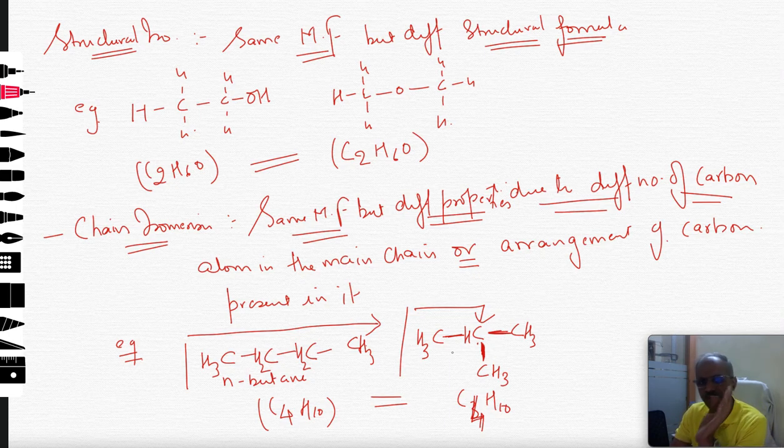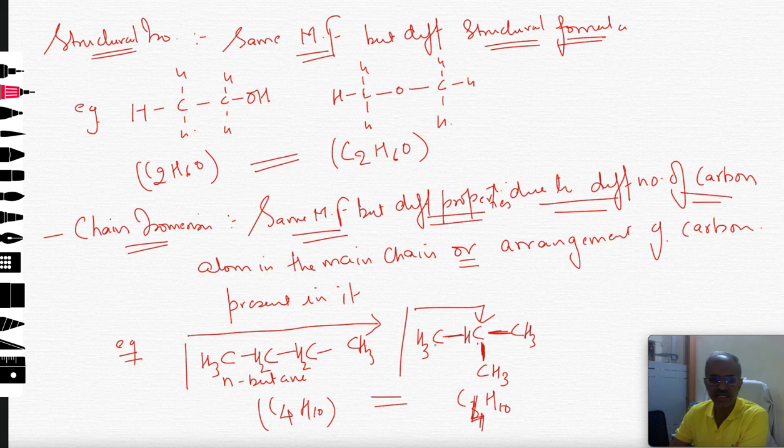Minimum 3, and maximum it can be only 4, not more than that because carbon has valency 4. Then it is known as a branched chain. So here the butane is branched.